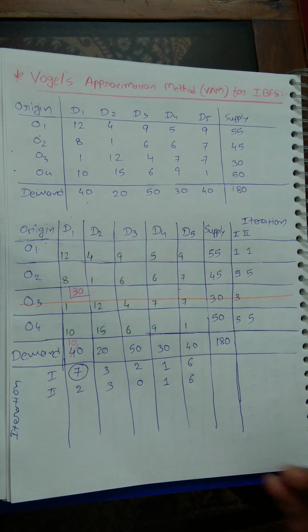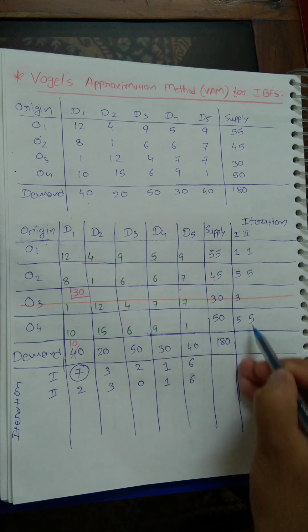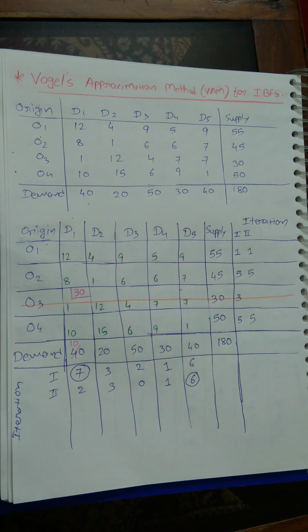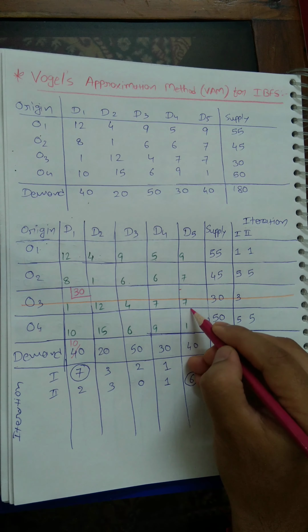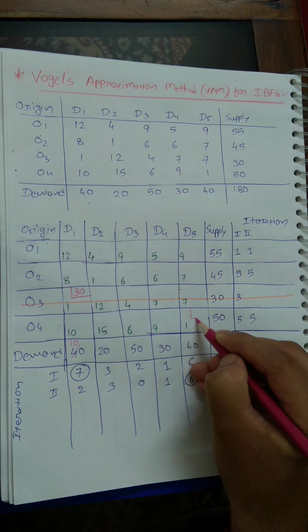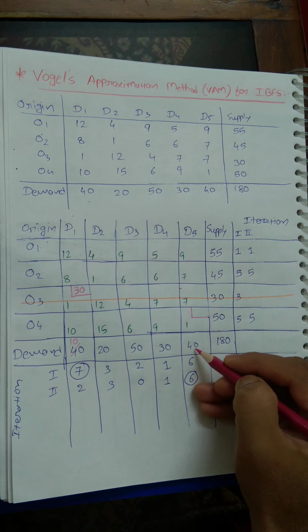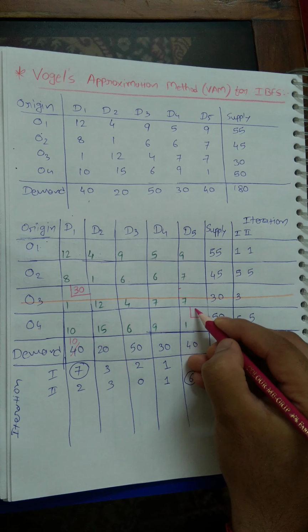Now again cross check the greatest value. For the second iteration, row wise as well as column wise, that is 6. So make a round over 6, and in this particular column we will check for the least cost. Here it is 1, so for this cell do the allocation. What will be the allocation? 50 and 40. The minimum of the two is 40, so write 40.